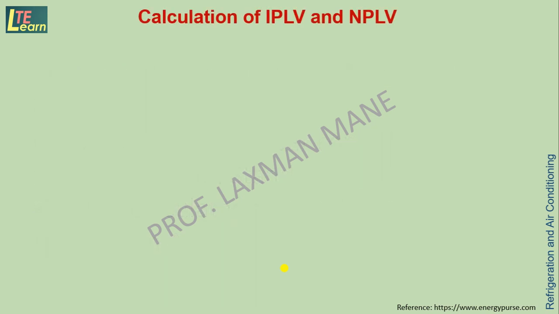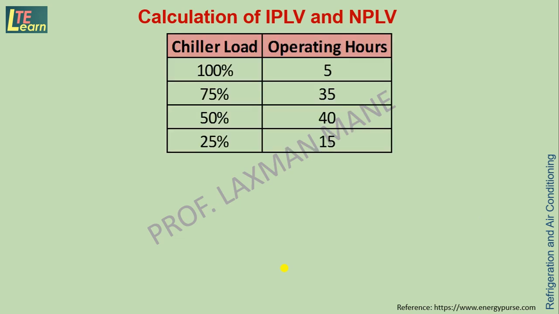As an example, we will calculate IPLV and NPLV. Here for chiller load, as per the standard, 100%, 75%, 50% and 25%. Respectively, suppose operating hours are 5, 35, 40 and 15.